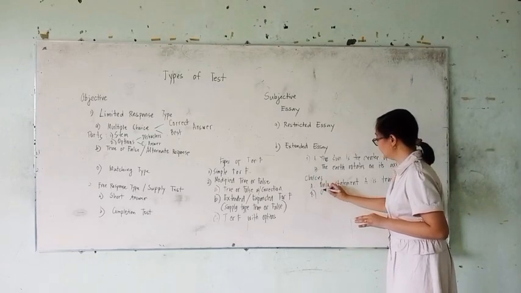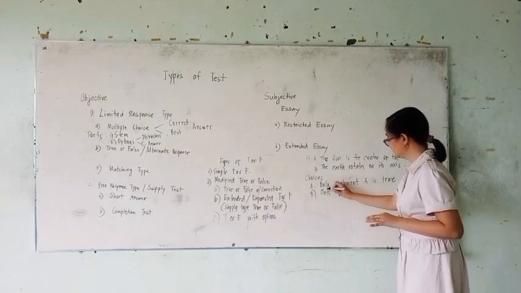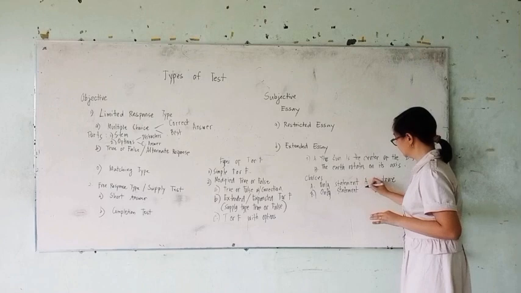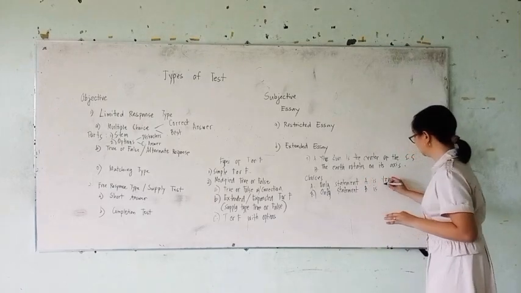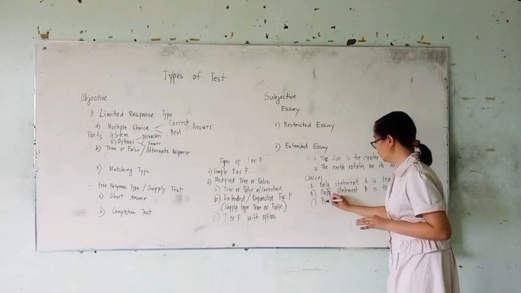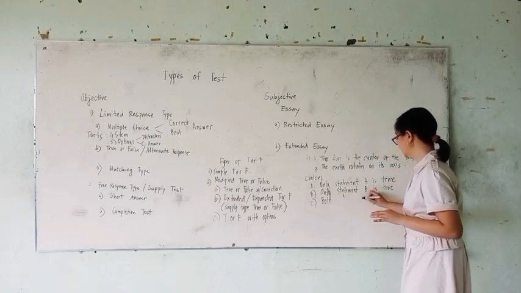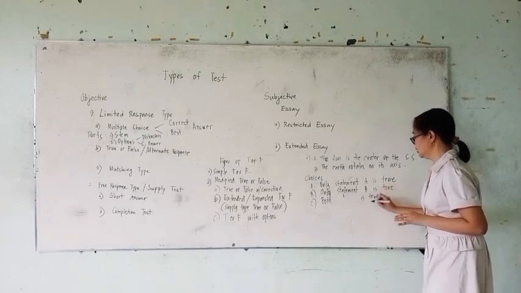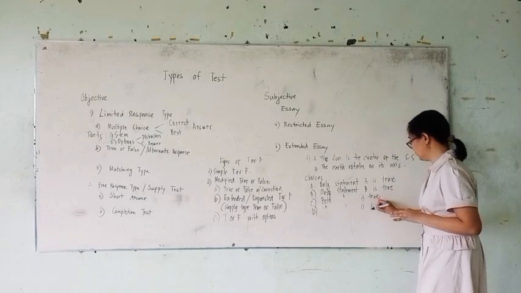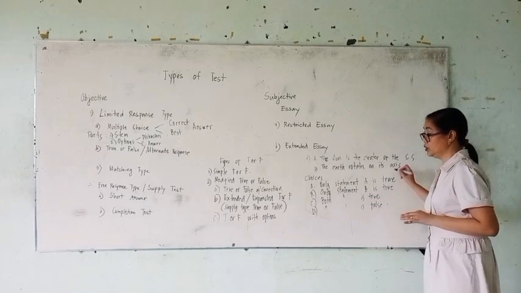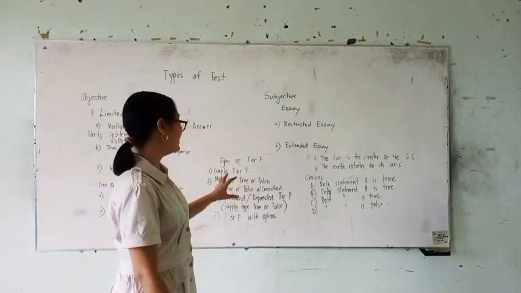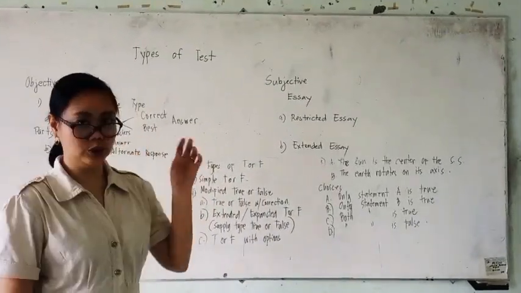Letter B, only statement B is true. Letter C, both statement is true. For letter D, both statement is false. We call that true or false with option. Okay? So those are the different types of modified true or false.